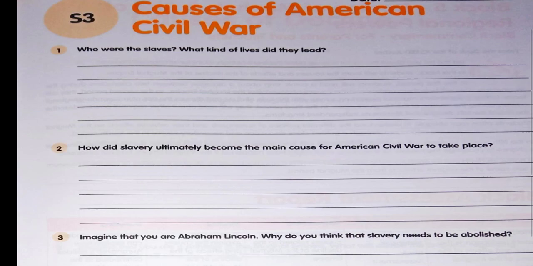The northern states favored the abolition of slavery, and the southern states felt that the plantation economy would suffer if slavery was abolished. When Abraham Lincoln decided to abolish slavery, the southern states decided to separate from the American Union. This was not acceptable to the government, and the Civil War began in order to keep the Union together.